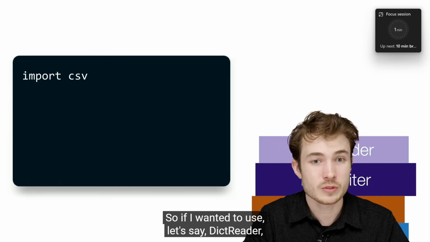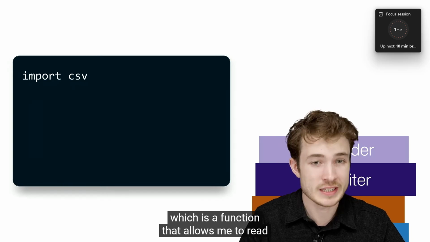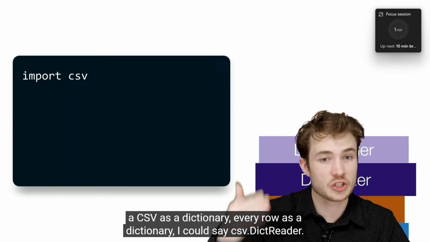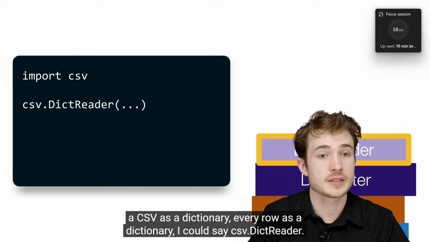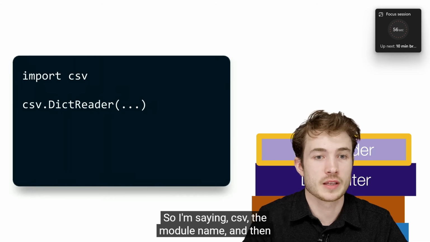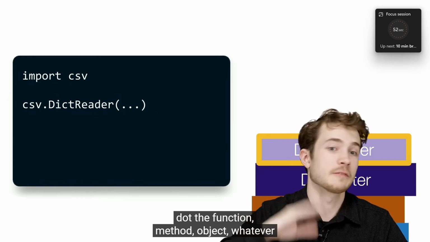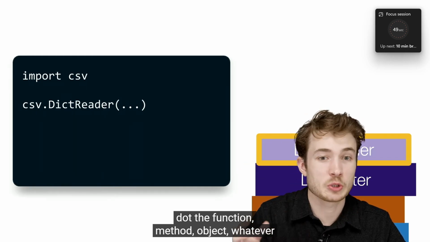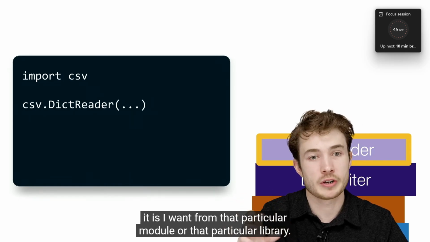So if I wanted to use, let's say, DictReader, which is a function that allows me to read a CSV as a dictionary, where every row is a dictionary, I could say csv.DictReader. So I'm saying csv, the module name, and then dot, the function, method, object, whatever it is I want from that particular module or library.